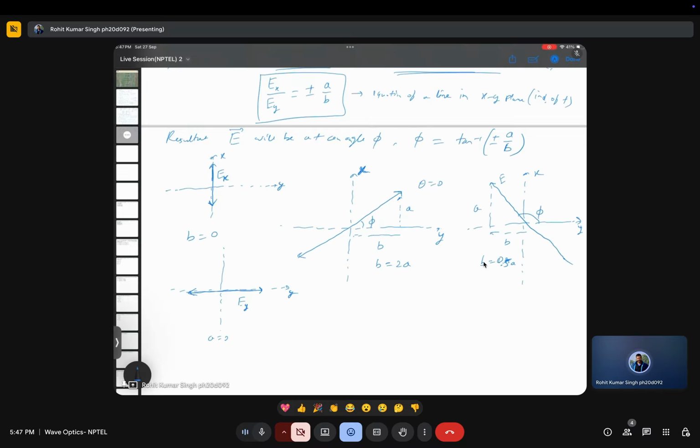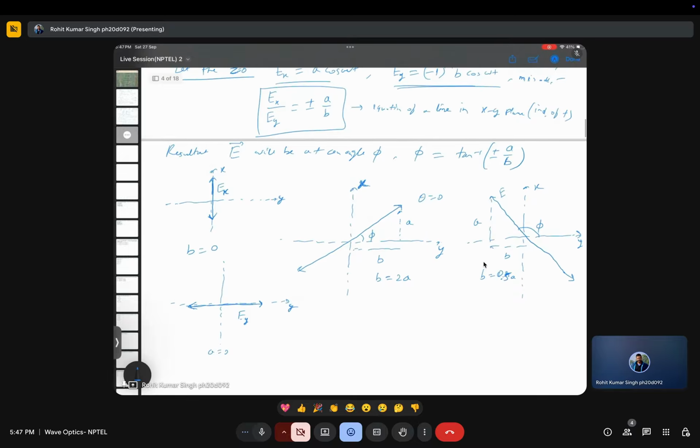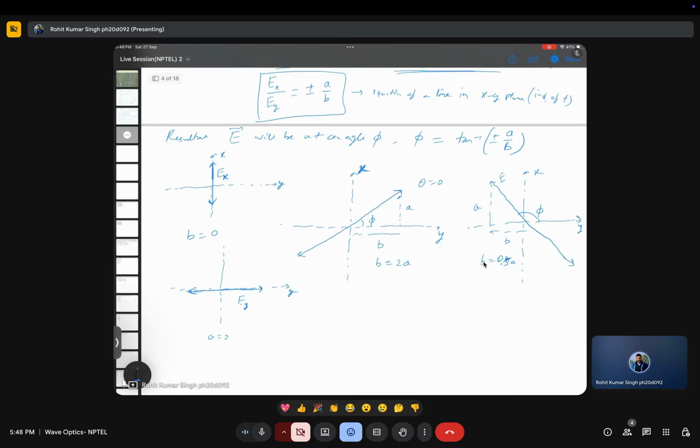So this is just one visualization. What this means is whenever you have two waves which are linearly polarized in x and y direction respectively, the superimposed wave will also be linearly polarized at an angle phi given by this angle. So it depends on the ratio of A by B, whatever the angle will be.